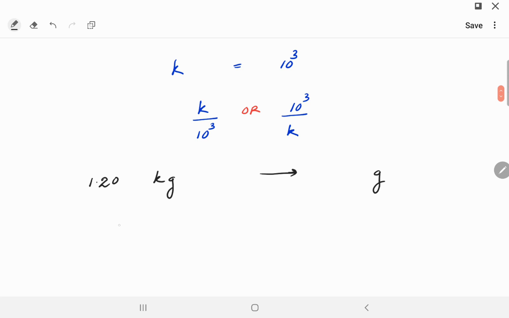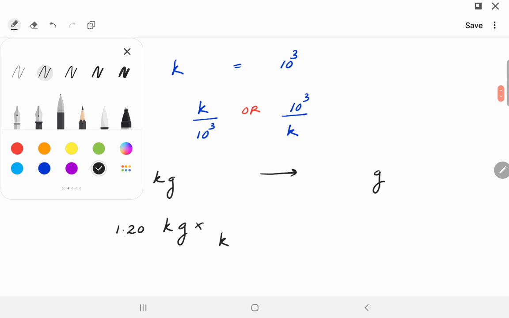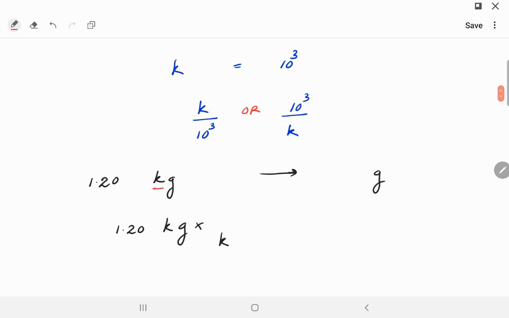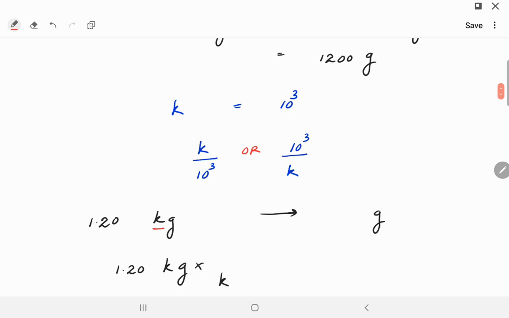To do that, you take the value that you already have and multiply it by one of these two conversion factors. So which one should we use? We should use the conversion factor that will cancel out kilo, because on the left side we have kilo, and on the right side we don't have a kilo.